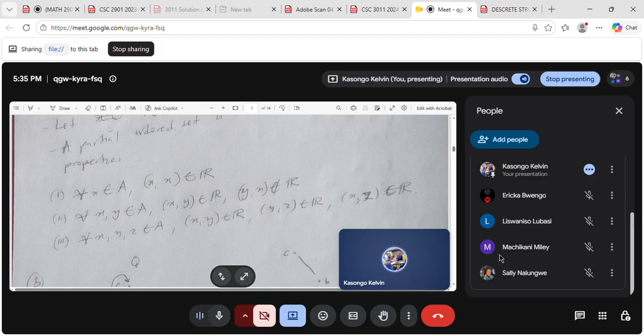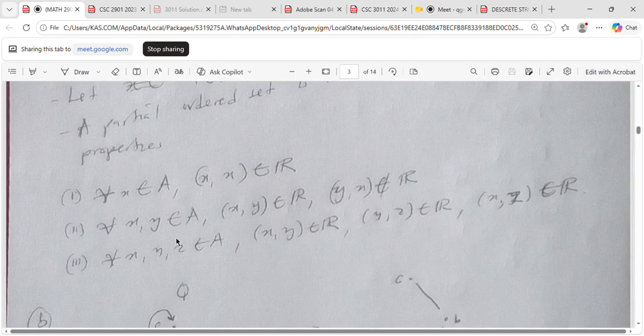Millie, are you in the group? Or you can't talk? We don't know. Erica, what property is that? Antisymmetric. Thank you.